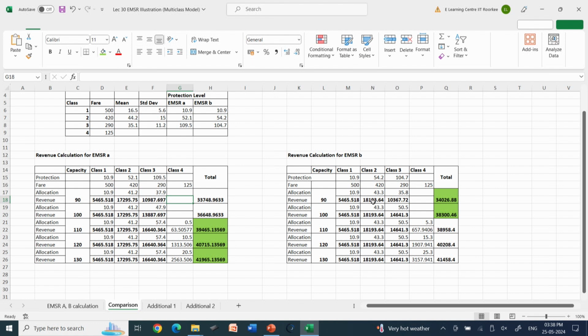And using the product of fare and allocation, we have got the values in row 18 also, specifically in cells M18, N18 and O18, and their total is 34,026. So, you can compare these numbers, that 33,748 is less than 34,026.